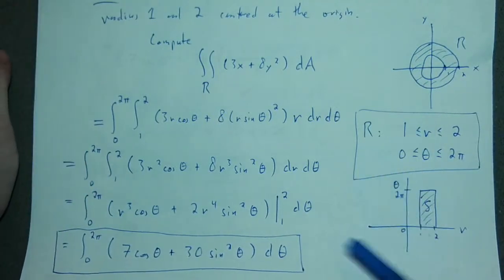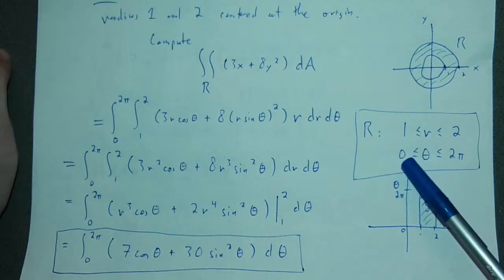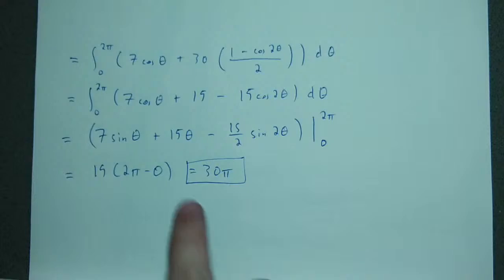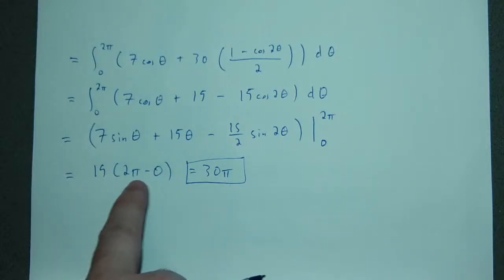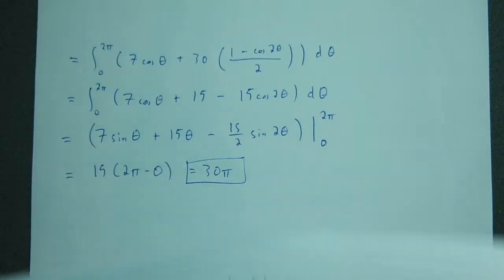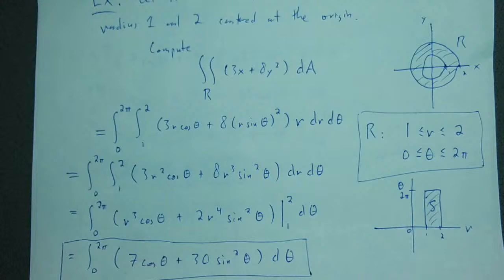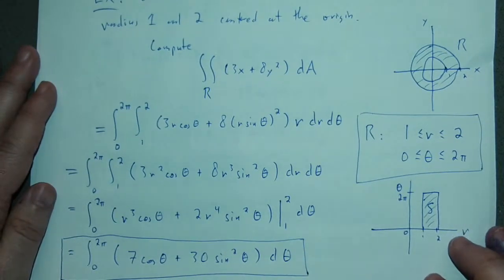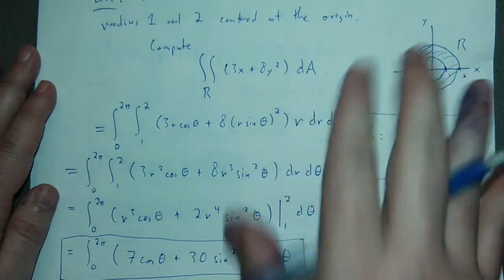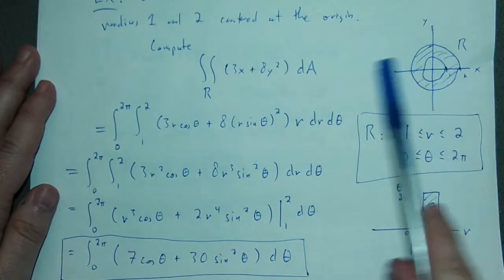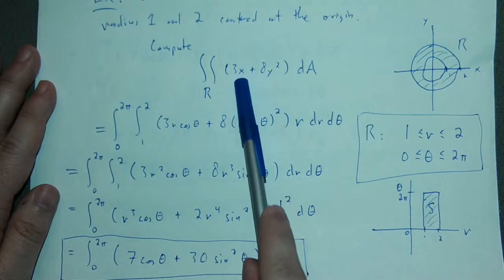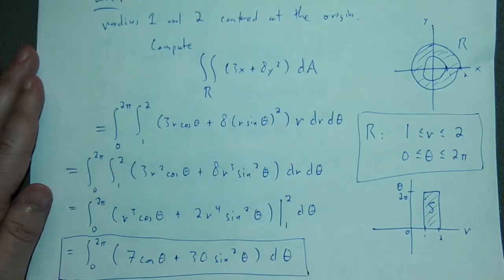If you change this range, if you go from 0 to pi instead of 0 to 2 pi, what you would get at this last step is 15 times pi. So you get exactly half that. But notice that you can't use this symmetry universally because it's not symmetric in every possible way, again, because of this x here, there only being a single power of x here.